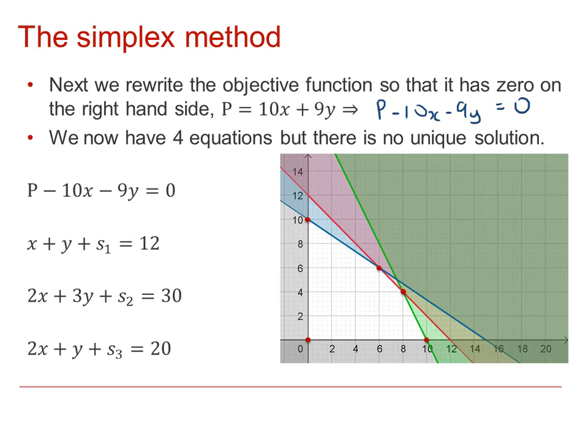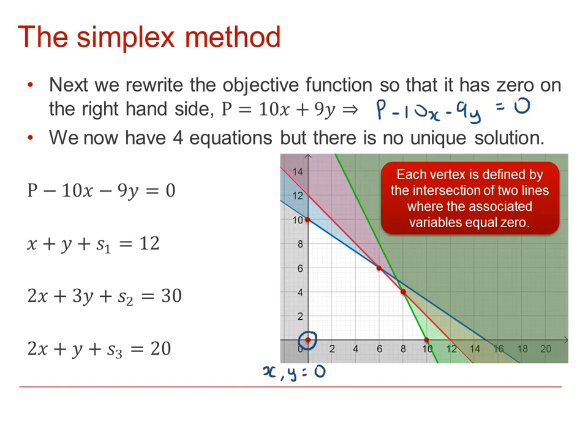Now each of the vertices we're looking at has some of those variables x, y, S1, S2 and S3 equal to 0. So for example, at the origin we know that x and y are both equal to 0. Moving up the y-axis, so leaving x equal to 0, we reach this point here, which is on the equation given by the second of the slack variables.